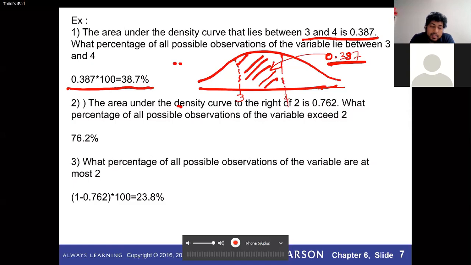Area under the density curve to the right of 2. So my 2 is here, and to the right of 2 means whatever starts from 2 to your right-hand side, which means this area.